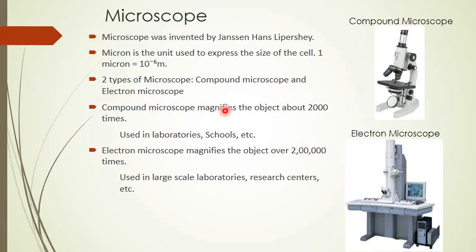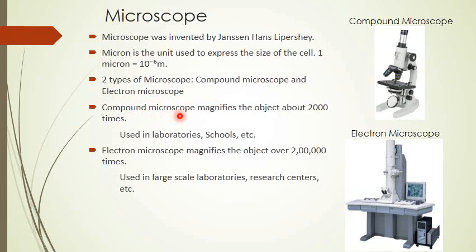The compound microscope magnifies the object about 2000 times, and the electron microscope magnifies the object over 2 lakh times. Magnifies means it is giving a larger view of the object. It is making the object appear bigger so that our eyes can view it.